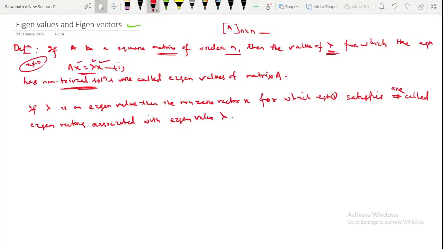That means for those values of lambda which satisfy Ax equal to lambda x for non-zero x, that x is called the eigenvector associated with this eigenvalue lambda.